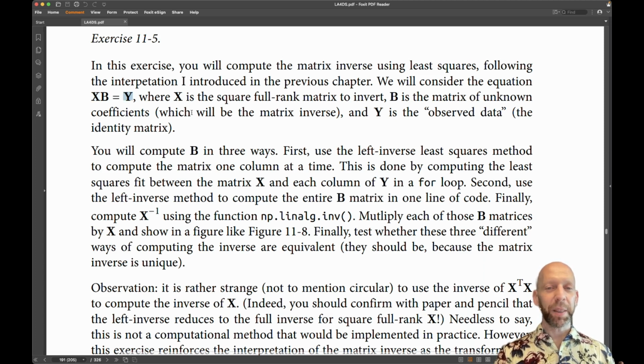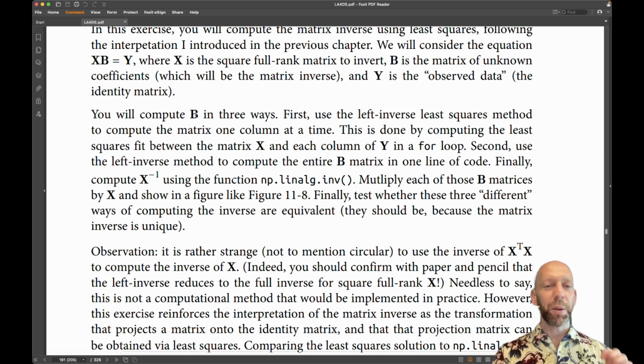Y is a matrix that we think about as being observed data, but actually it is the identity matrix. And B is a matrix of beta coefficients that will map X onto Y, so the design matrix onto the observed data. But instead of being really like regression coefficients, they're actually going to be the columns of the matrix inverse.